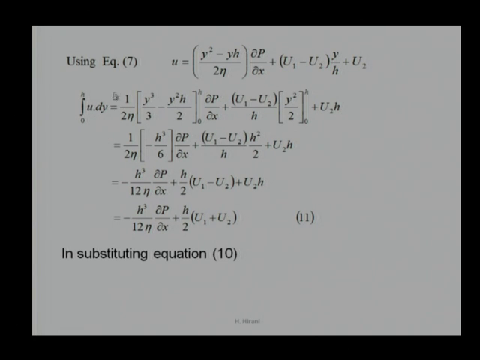I will just repeat it. When we are integrating, this is the y term, the y square. So, the integration of y square will be y cube divided by 3.